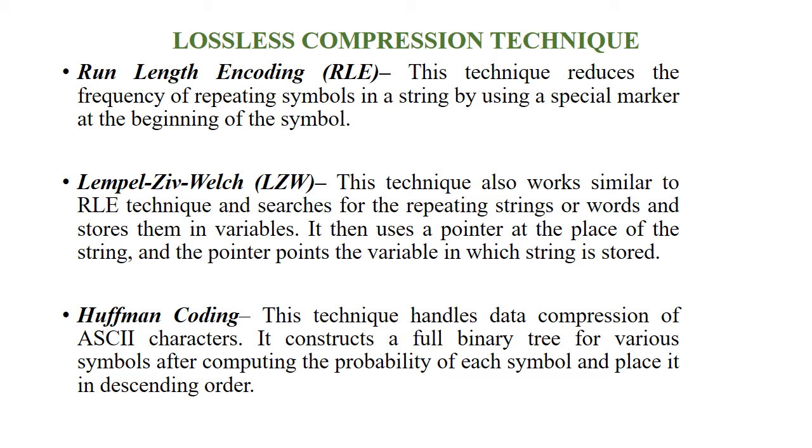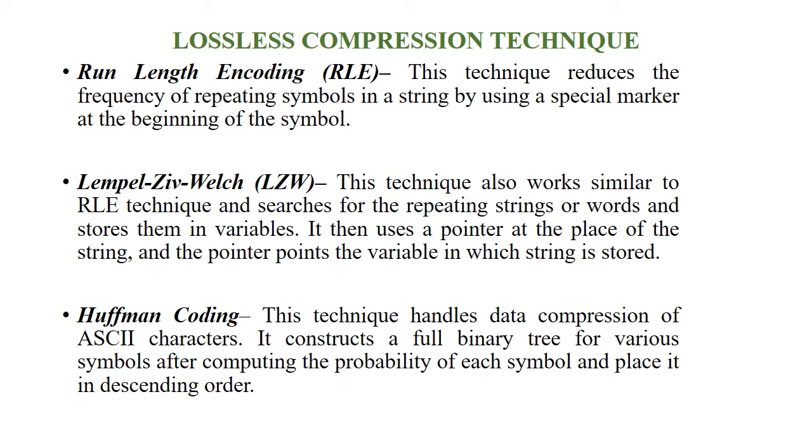What are the different techniques we are using for lossless compression? Run length coding, RLE. This technique reduces the frequency of repeating symbols in a string by using a special marker at the beginning of the symbol. Based on each significant image, significant line or significant data, we are going to consider this type of run length coding, based on the type of data or type of image used for the compression.